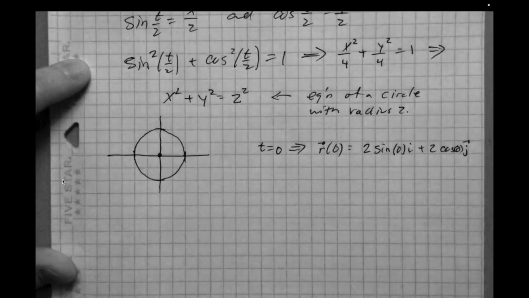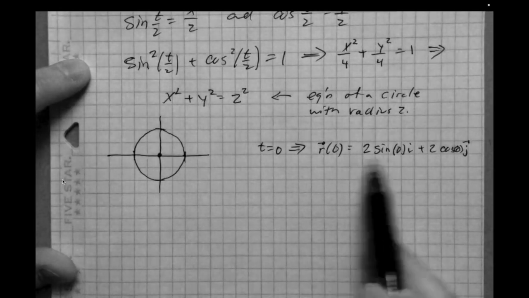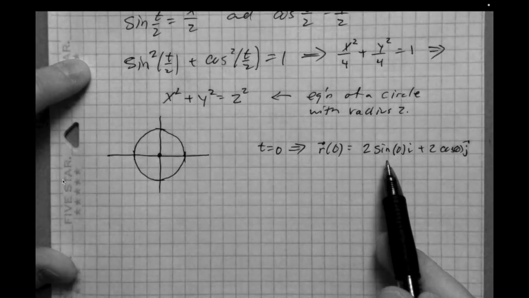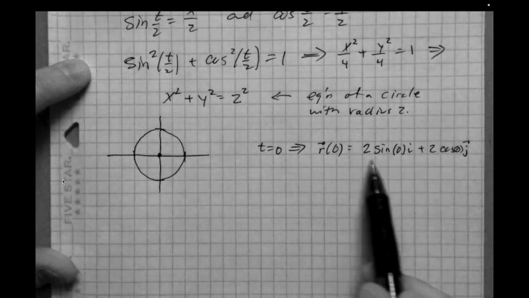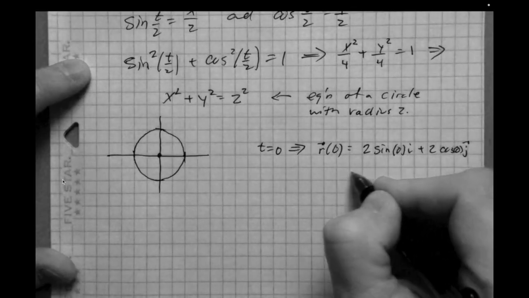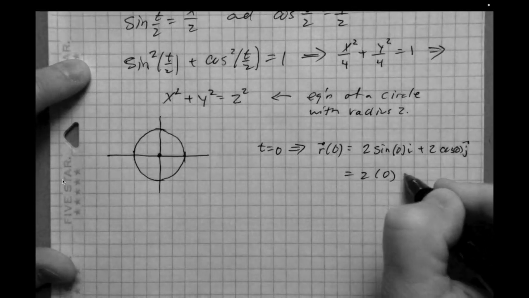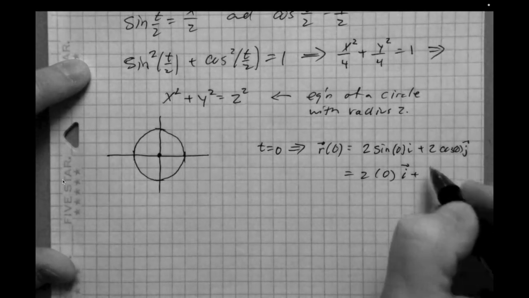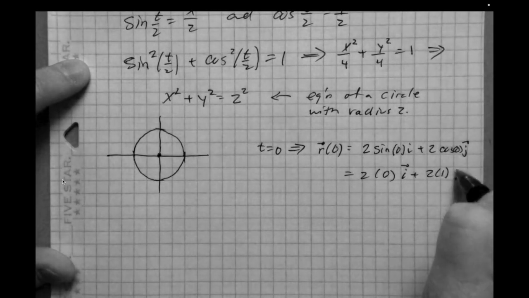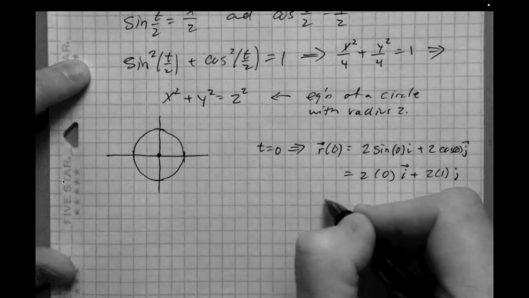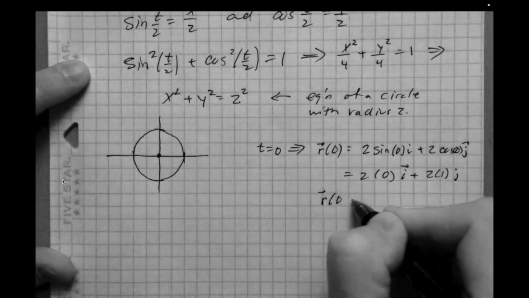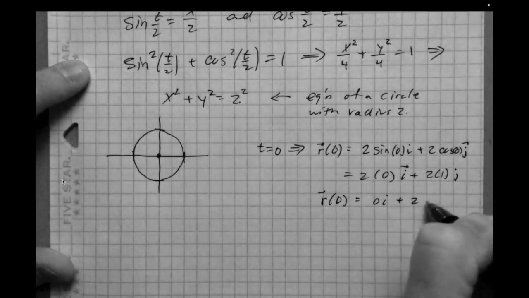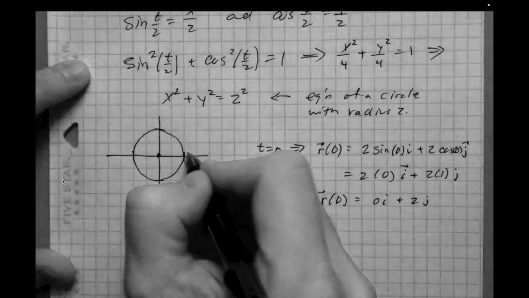Sorry, the sine of 0 is 0, so this is 2 times 0 times i plus 2 times 1 j. So at time t equals 0, the position is 0i plus 2j. That means it starts here.